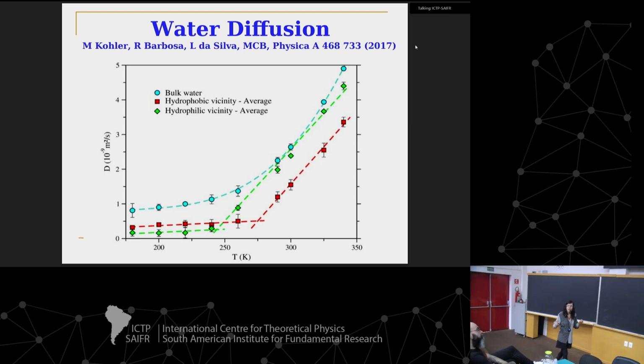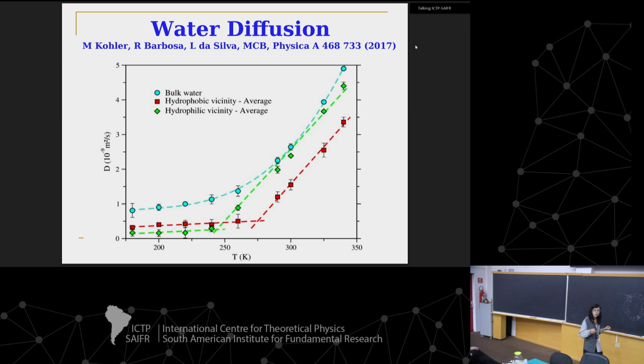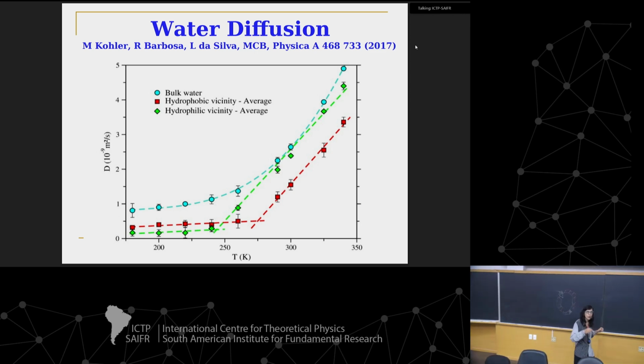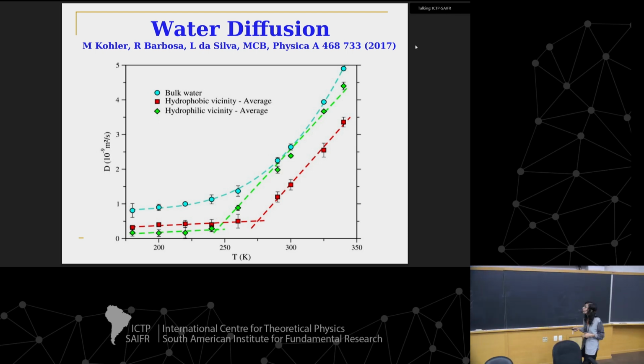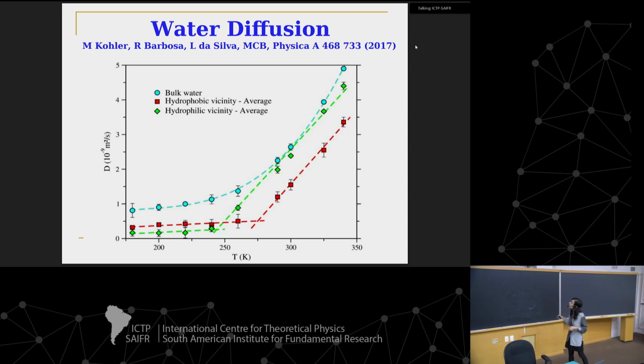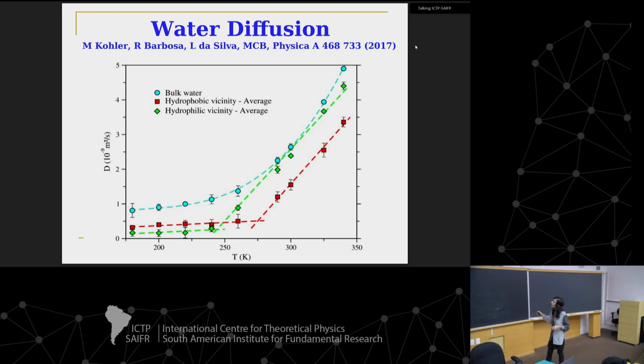Usually in her case, because she has a fragile to strong, it is a curve followed by a straight line. Here both are straight lines, so you have a change of behavior when you have the two vicinities. Not in the bulk water.